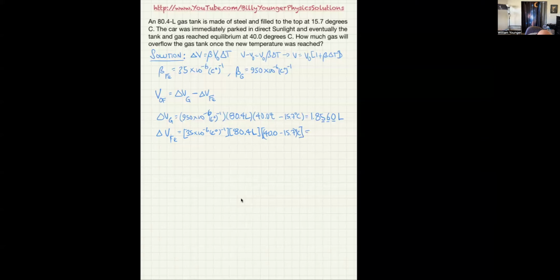So now when I do this math, I get 35 times 10 to the negative 6 times 80.4 times parentheses 40 minus 15.7, and this gives me 0.0683.